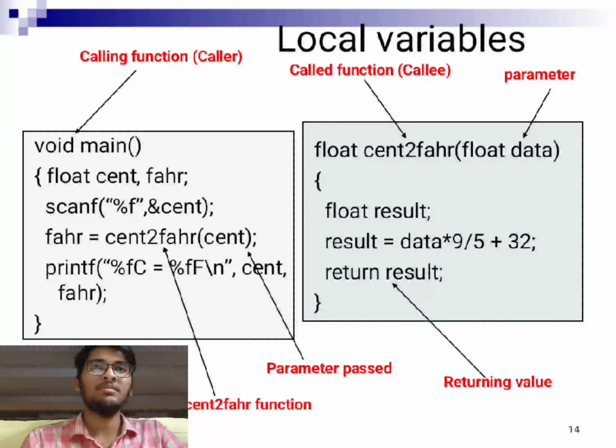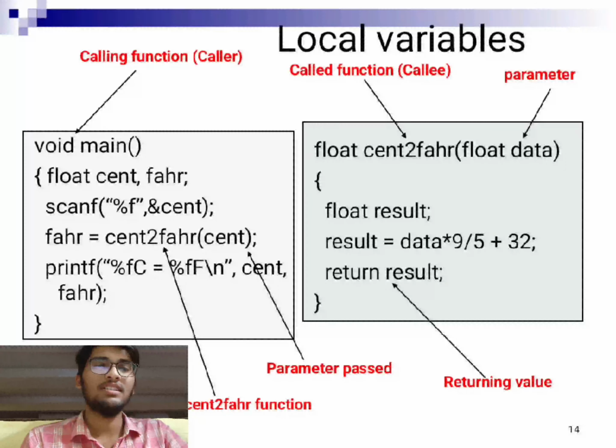On the right side we are declaring float sent, which takes Fahrenheit of float data. Data is the parameter, and the called function is sent to FAHR. On the left side, void main is the calling function, and the called function is the one on the right side.